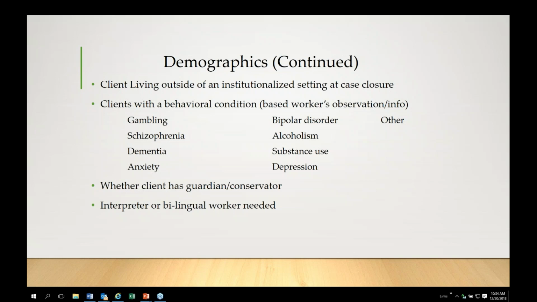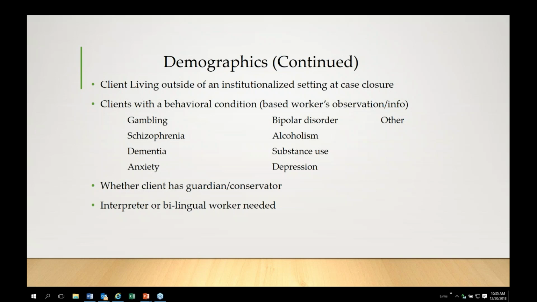And I would suggest that if you're going to click these boxes, your documentation should say what you're basing that on. But there is not a requirement of a diagnosis. One of the big questions I get asked is, how many of your clients have a dementia and therefore are becoming victims of abuse? And I don't currently have that answer. We're hoping that collecting this information here will help us get there.